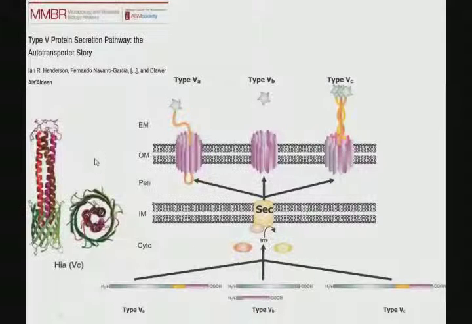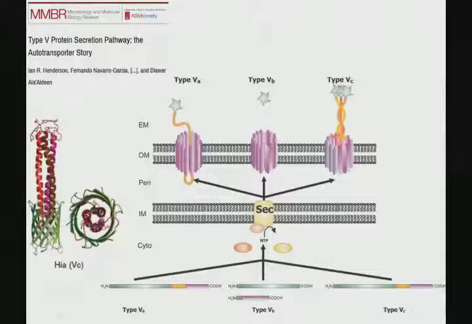There are two different versions of these type 5 secreted autotransporter proteins. Some are monomeric and some are trimeric components. So the trimeric ones, one of which is shown here, have a trimeric coil as the C-terminus of the protein, which is the part that's extracellular, and each one of these three monomers contributes a third of the beta barrel that forms in the outer membrane.